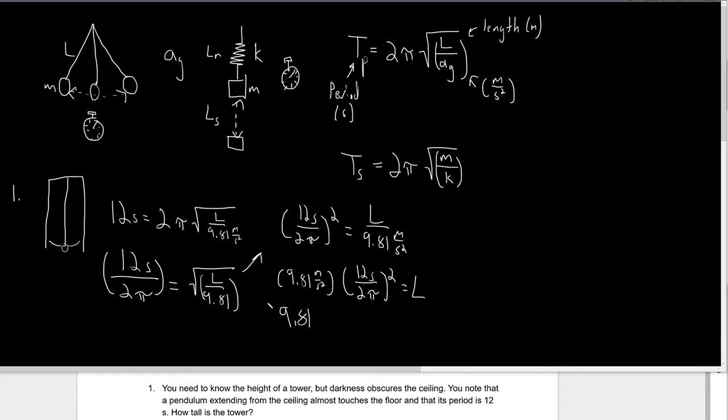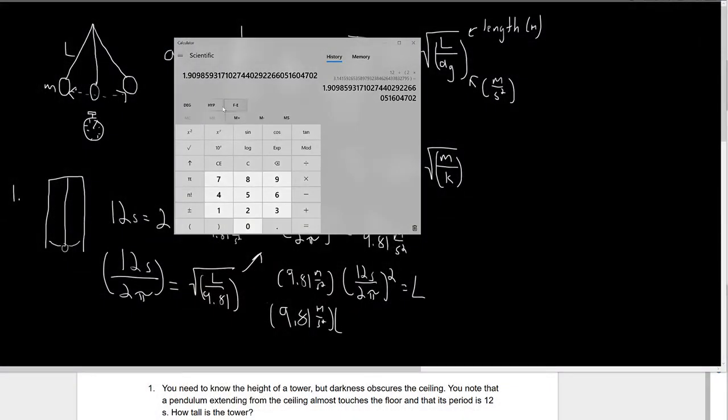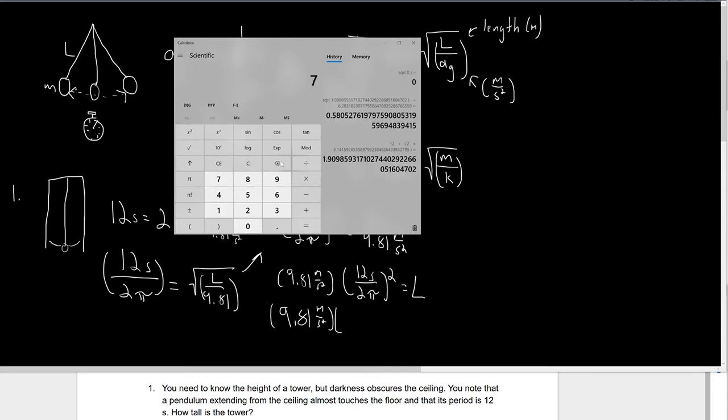All right, so I've got 9.81 meters per second squared. And I need to square that number still, so let's go ahead and just square that. 1.9099. Why is that not squaring? All right, so my calculator said exponent.